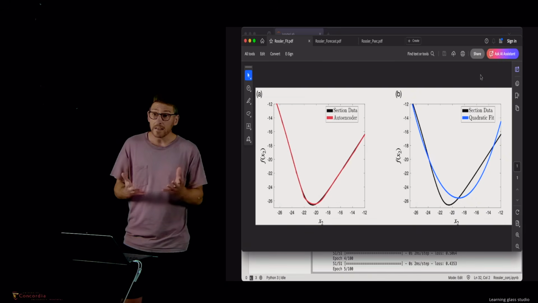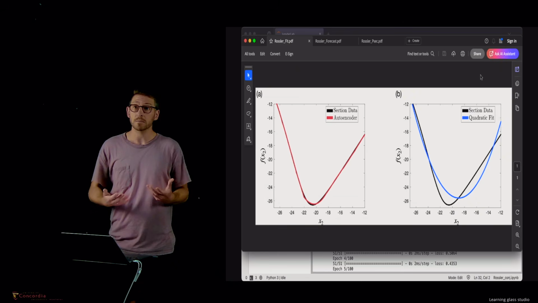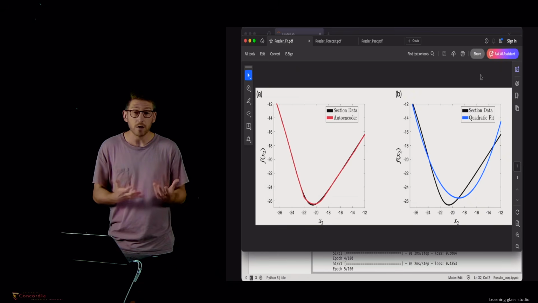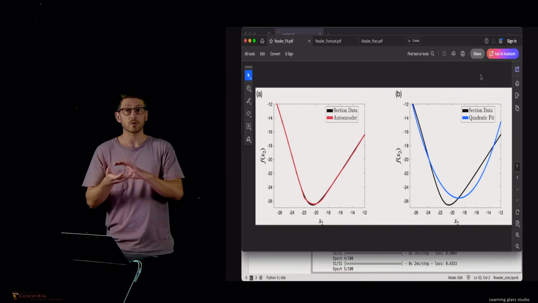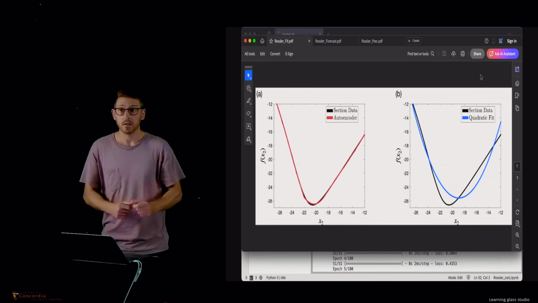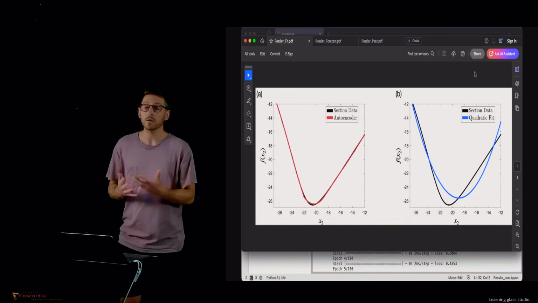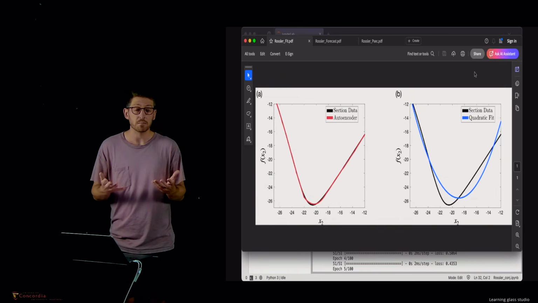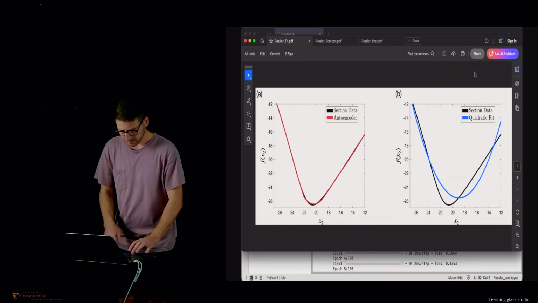This makes sense. The data is not quadratic, so we should not be expecting to just fit a quadratic function to this. Whereas the autoencoder warps the data in such a way that we can fit a quadratic function to it. One metric we can use to gauge which one's better, other than just eyeballing this, is who does a better job of predicting into the future?